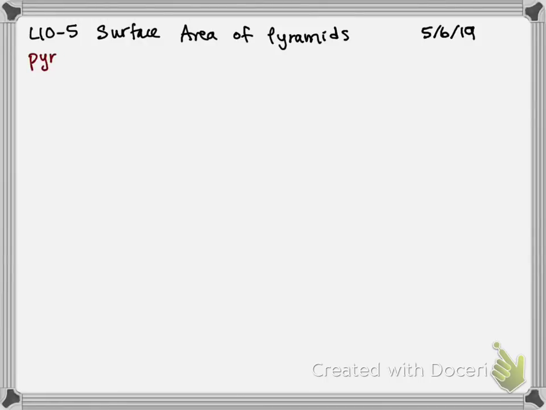So we're going to start by defining a new shape called a pyramid. So a pyramid is a three-dimensional, so like a prism, 3 dimensions, figure. But here comes the weird part.